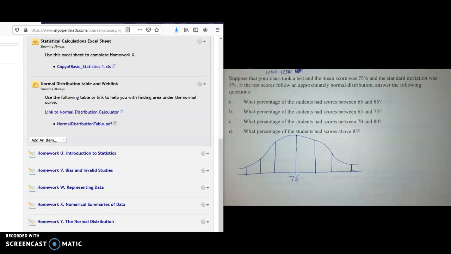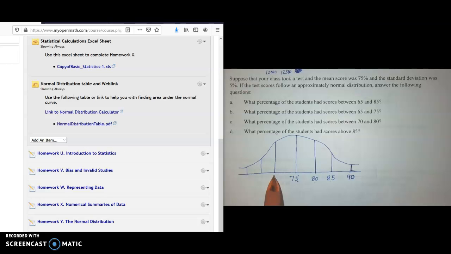Now, the standard deviation was 5%, so I'm going to say 75 plus 5, that's 80. 80 plus 5, that's 85. And 85 plus 5, that's 90.